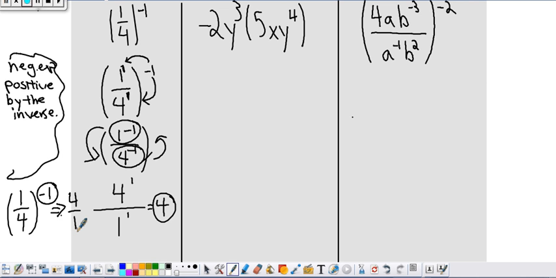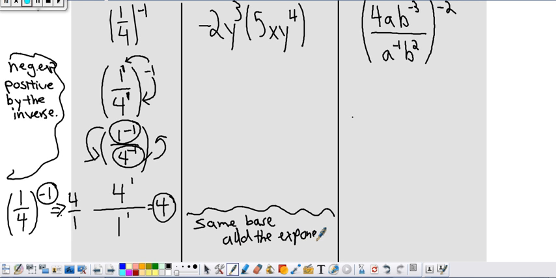For the second problem, it would help for you to remember that if you have terms that have the same base, then you add the exponents. I have -2y to the power of 3 times 5xy to the power of 4.